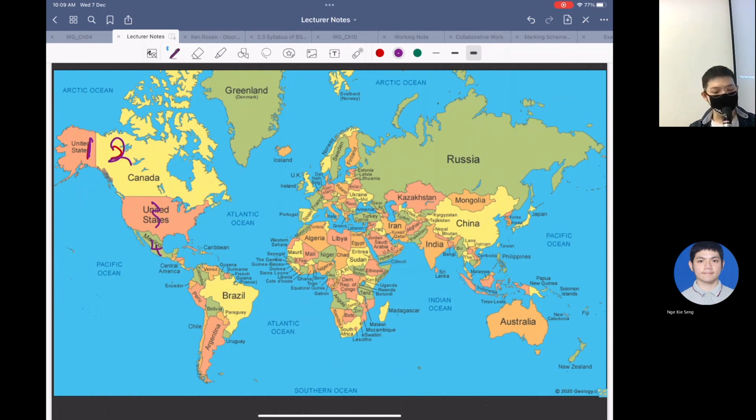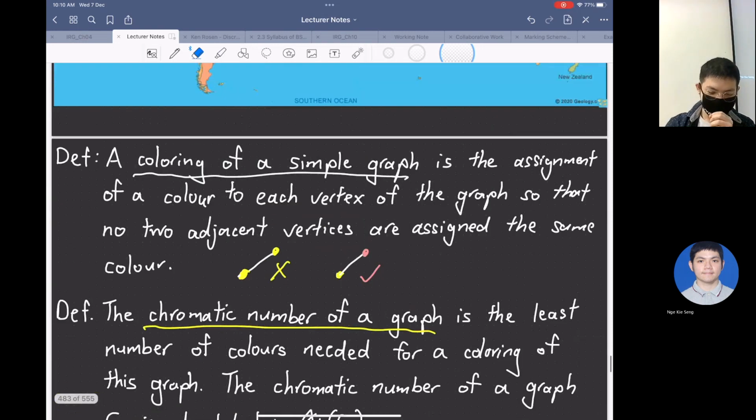Some of them say 5 because there's a blue here, but never mind, this blue here can actually change. Actually you can use 4. We will see this theorem. So why is 4 enough to color a graph? Later we'll see a theorem.